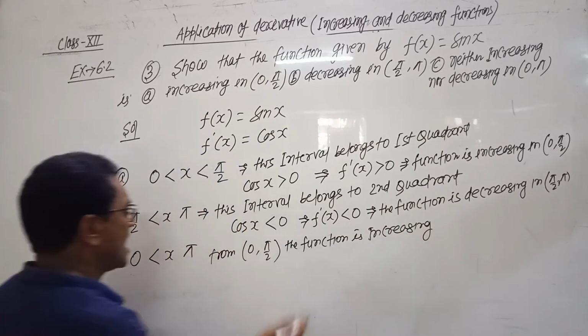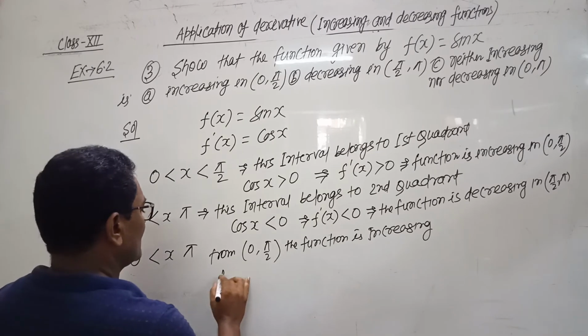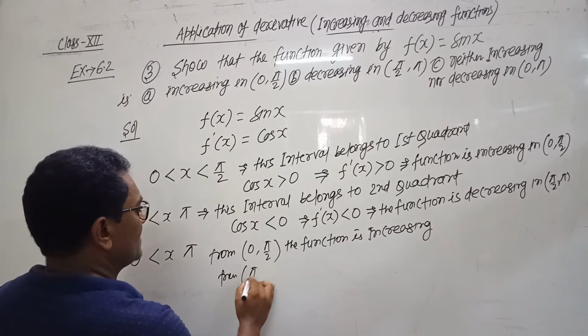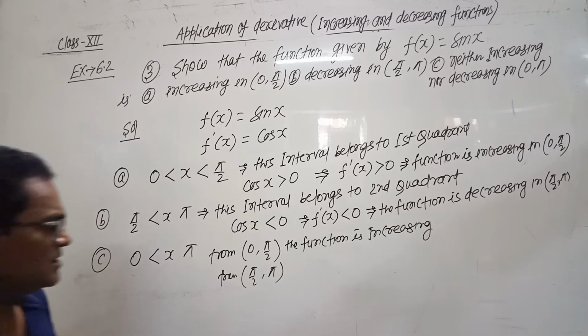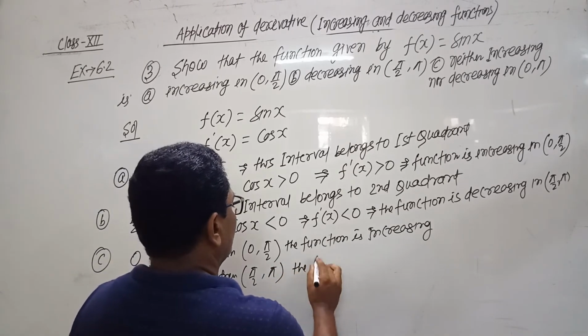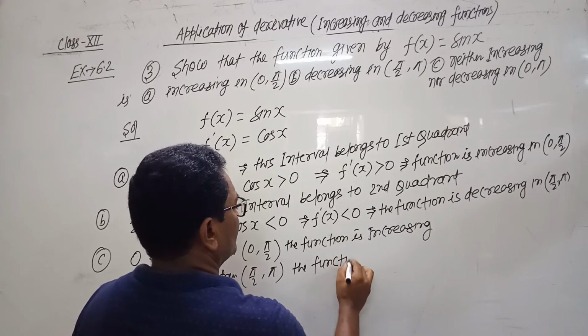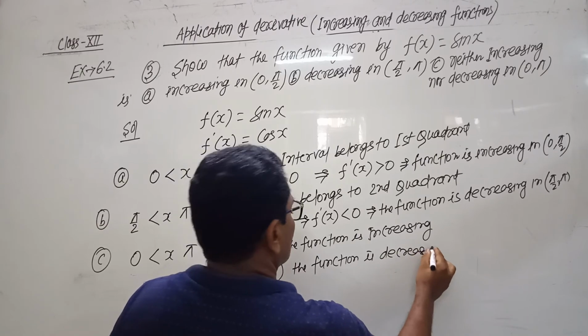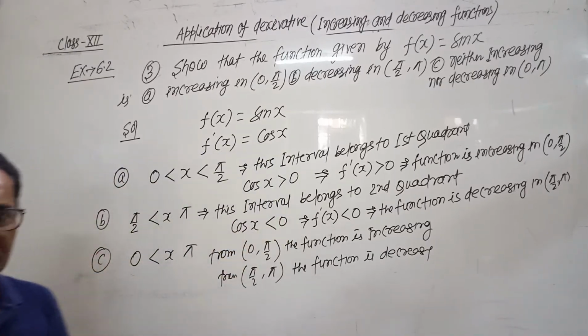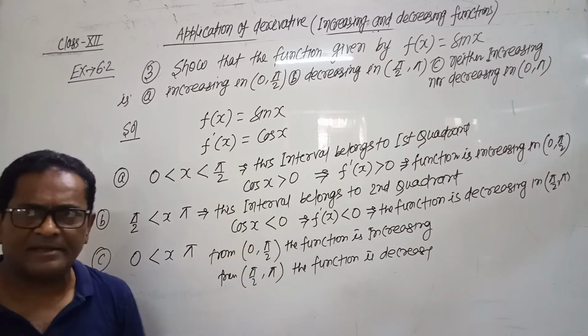And in the next half interval, means from pi by 2 to pi, which comes in the second quadrant, the function is decreasing. So separately in both the intervals, the function is increasing and decreasing.